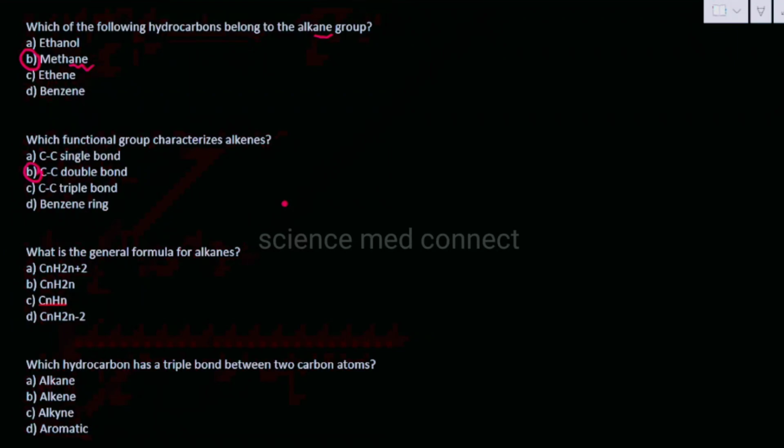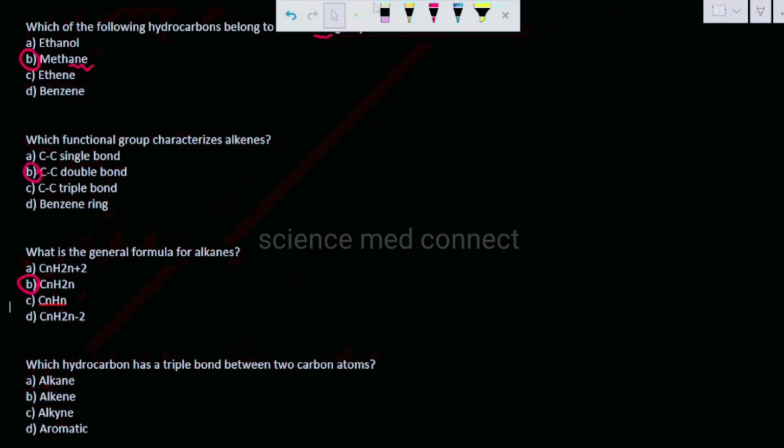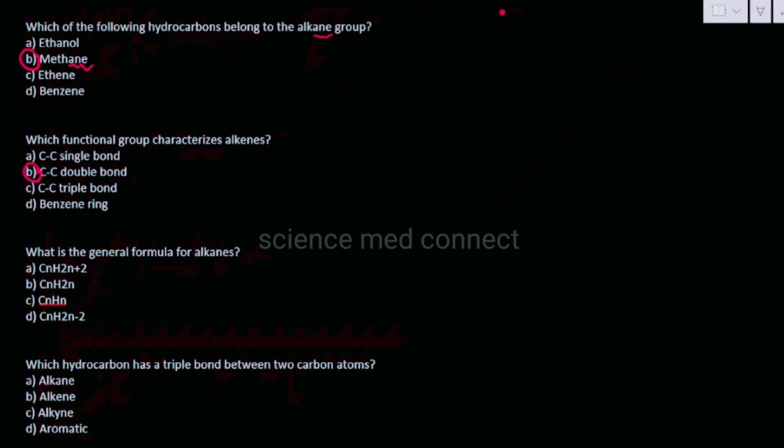So next question, what is the general formula of alkanes? We know the general formula for alkanes is CnH2n plus 2. Sorry, I made a mistake there. The answer is A, CnH2n plus 2.